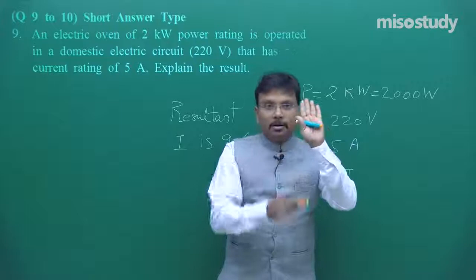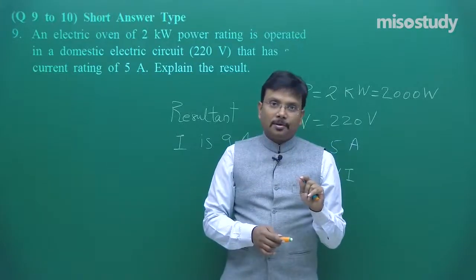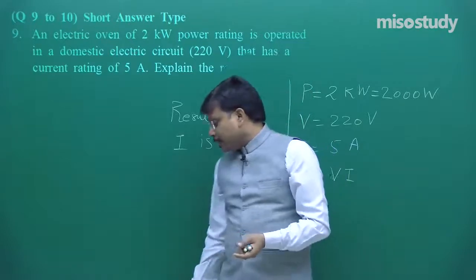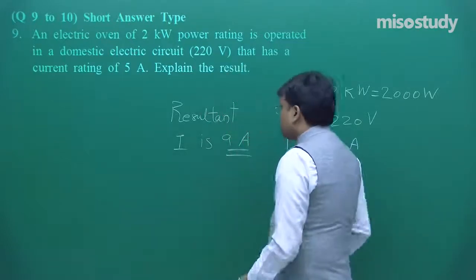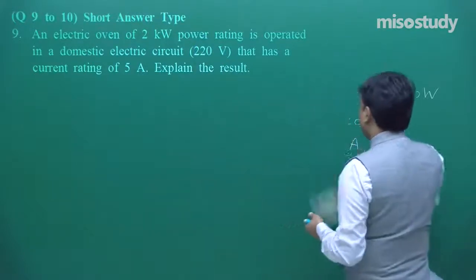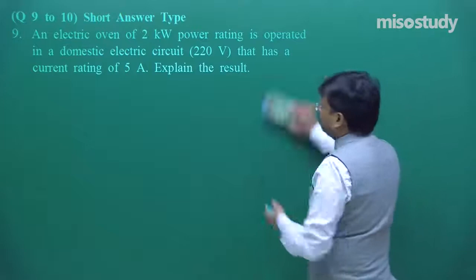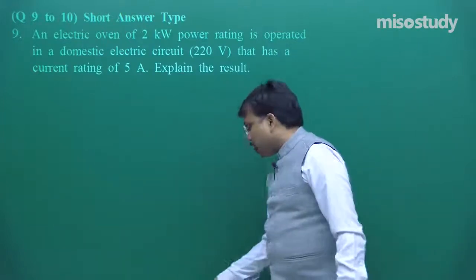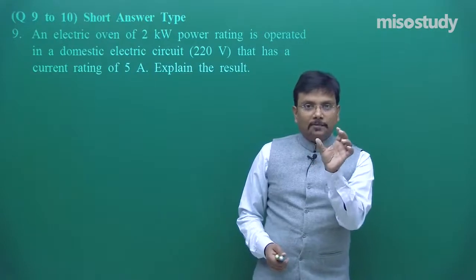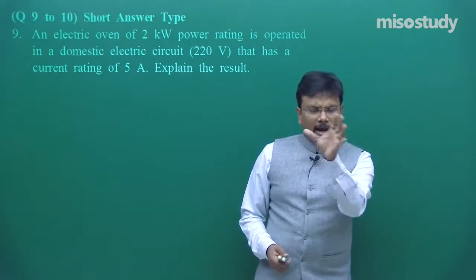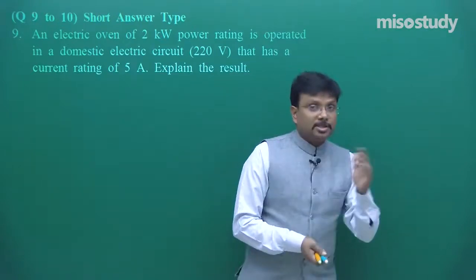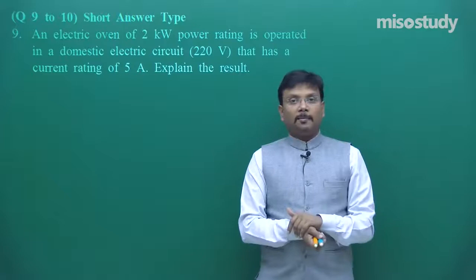Actually, this question is slightly twisted in the sense everything is given, but that is on the appliances. 220 volt is operational voltage required, but try to read the instruction manual given with a refrigerator. It is a very practical question, this one is. On the manual of the refrigerator, computer, TV, hot water geyser, anything, it is mentioned operational voltage is 220 volt, this much power, this much resistance, this much current.